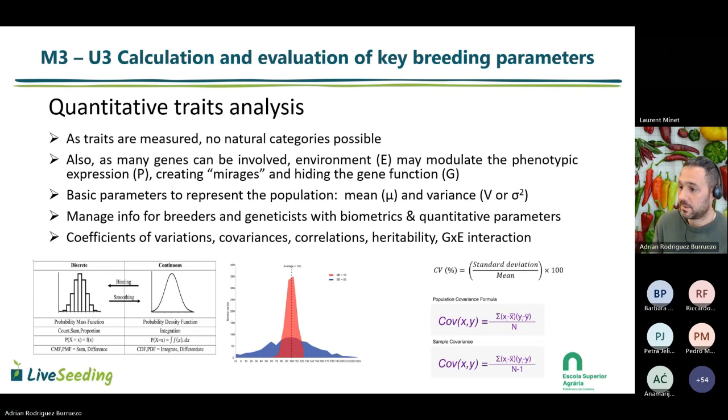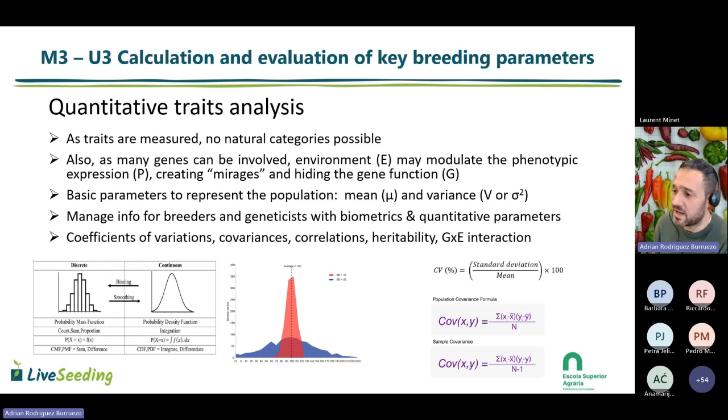Okay? Using these two main and easy parameters, breeders and geneticists estimate a range of biometrics and quantitative parameters.